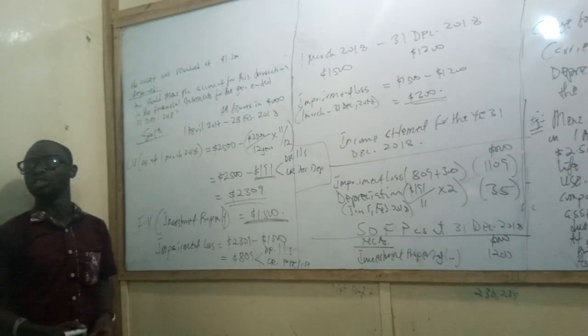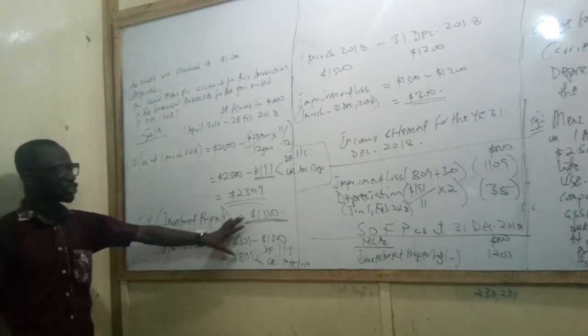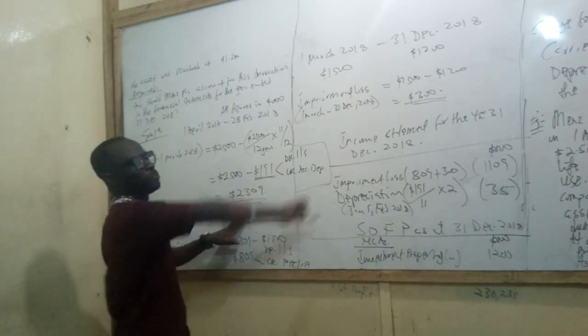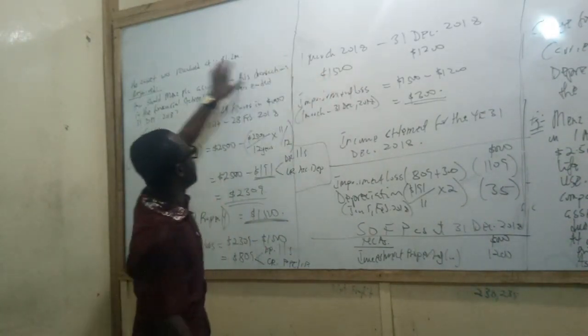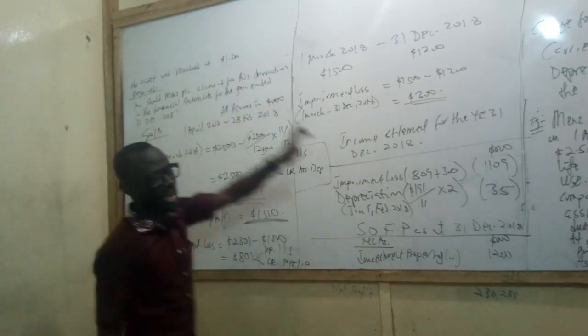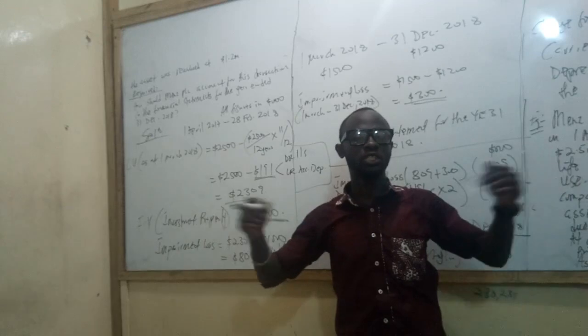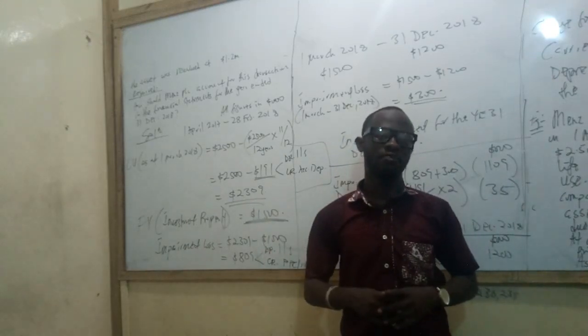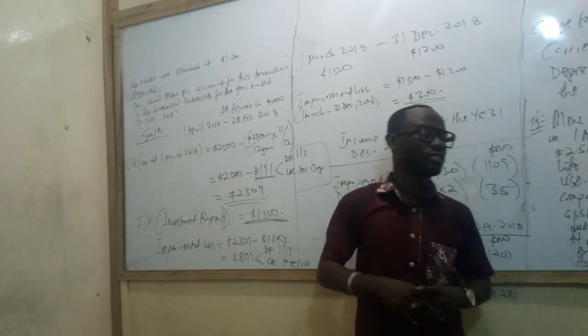This is the answer to the question. So you note that when the change occurred, we did not charge depreciation again, but we tested for what? Impairment. By virtue of the revaluation at the year end, and then the value when the change actually took place. This is what you have to understand under investment property. Any question?